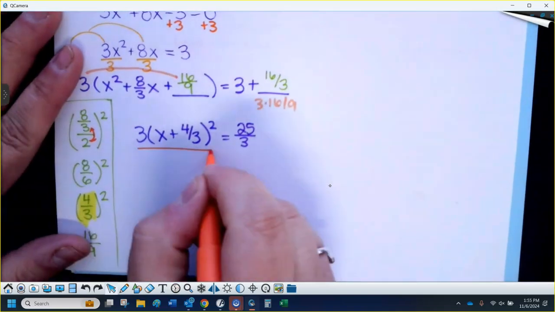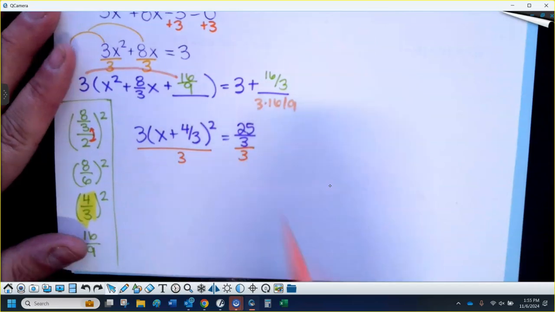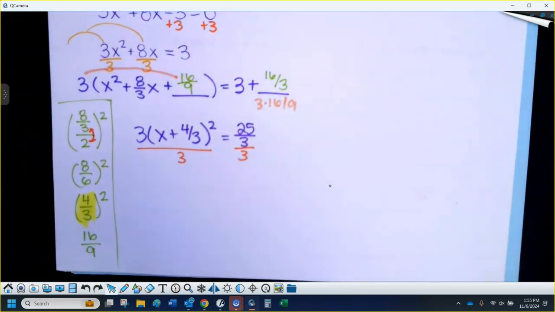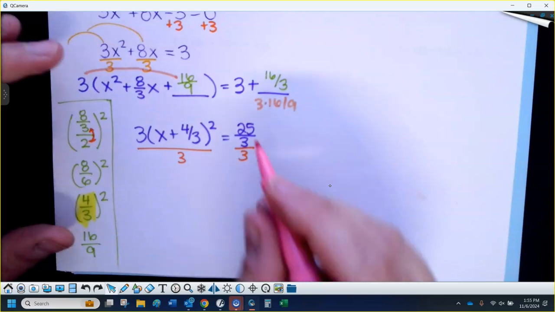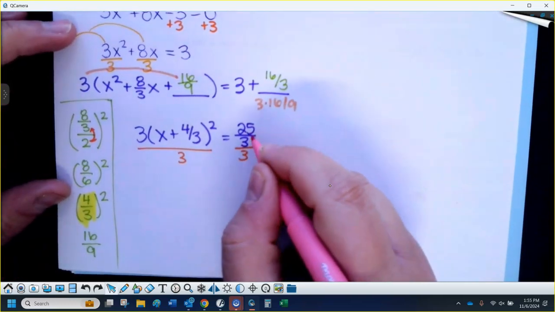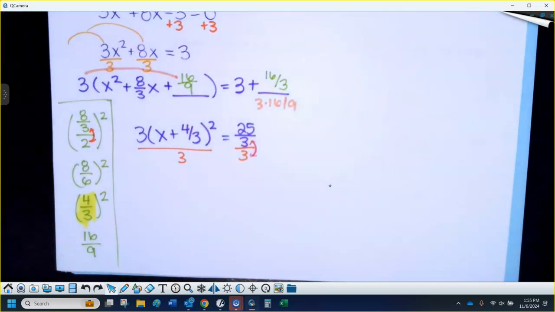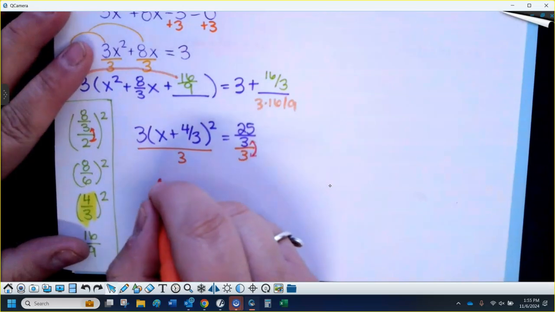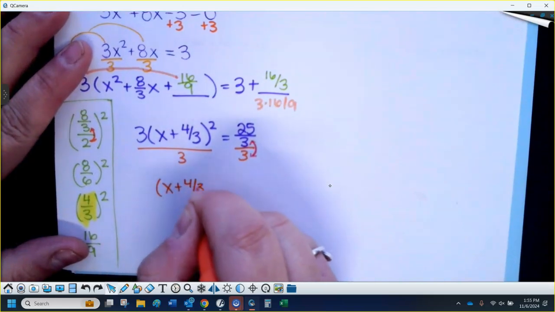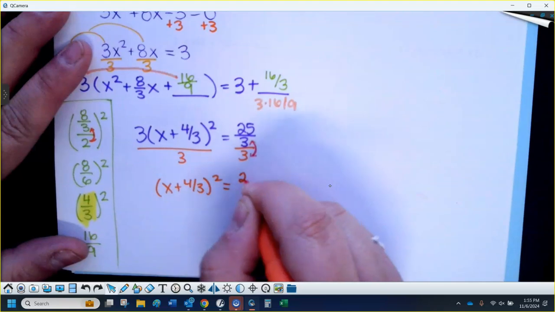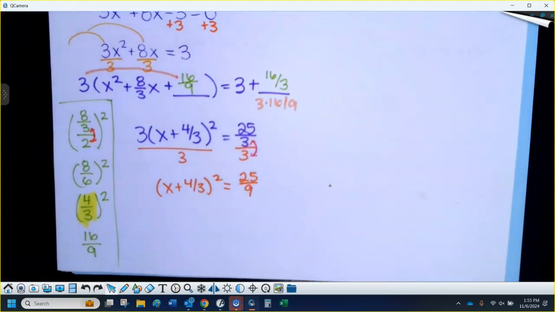So I'm not going to distribute, I'm going to divide by 3. If I divide a fraction by a number, the denominator and what you're dividing by just get multiplied together. So this is really x plus 4 over 3 squared equals 25 over 9.